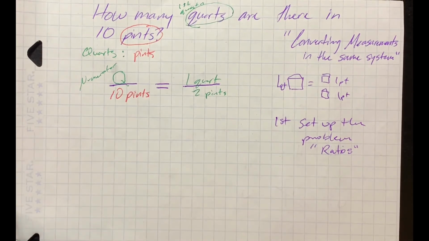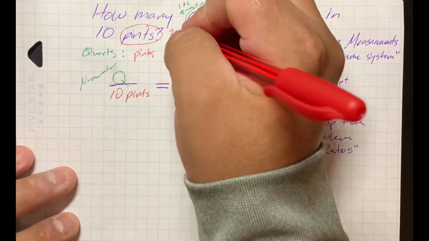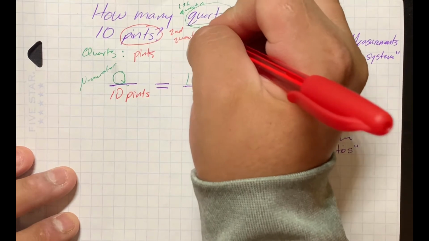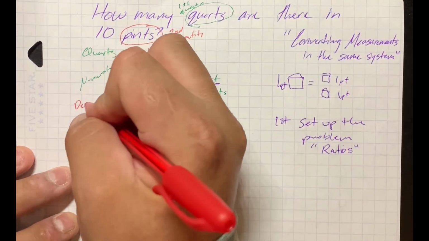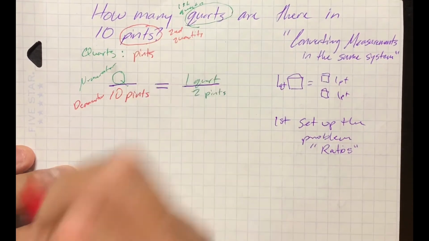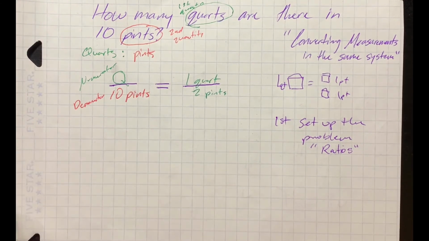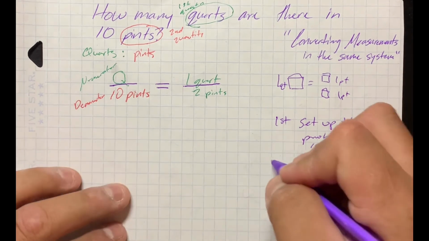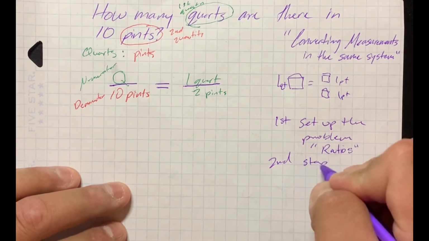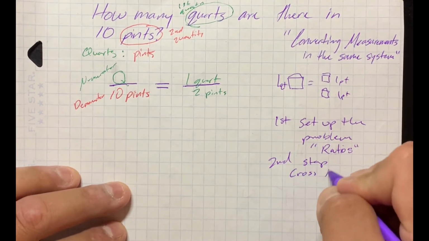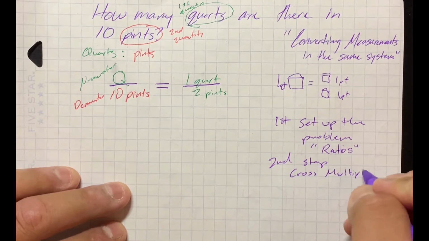The second quantity, the second thing that is mentioned, is always going to be your denominator. Now, after we set it up, the second step is to cross multiply.